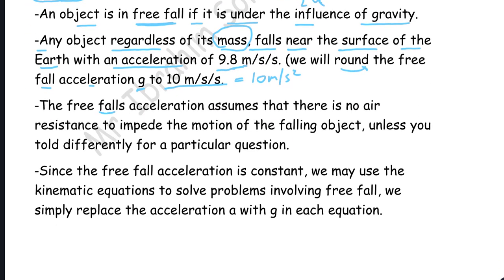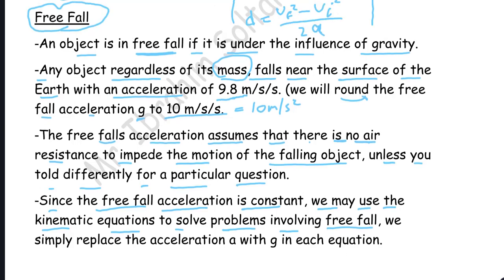Free fall's acceleration assumes that there is no air resistance to oppose the motion of the falling object, unless you are told differently for a particular question. Since the free fall acceleration is constant, we may use the kinematics equations to solve problems involving free fall.